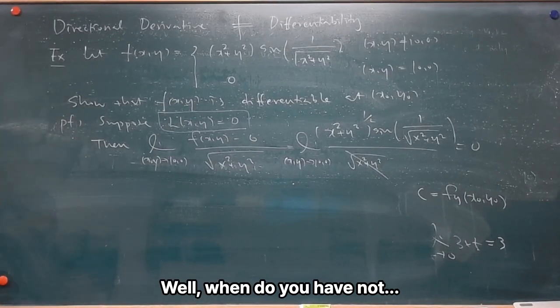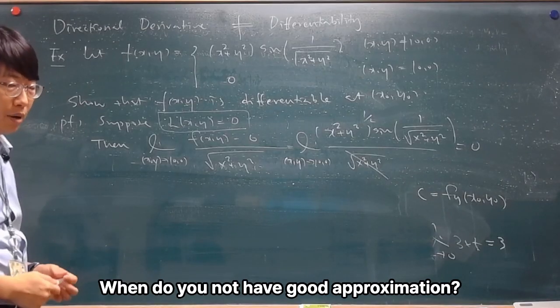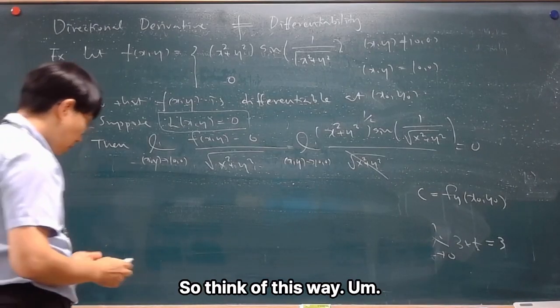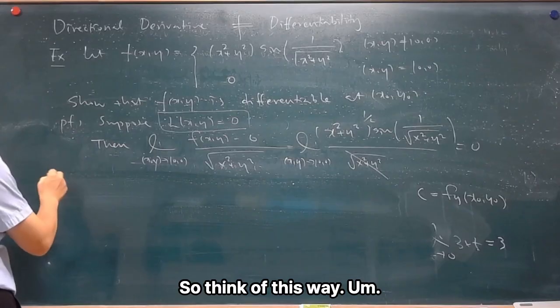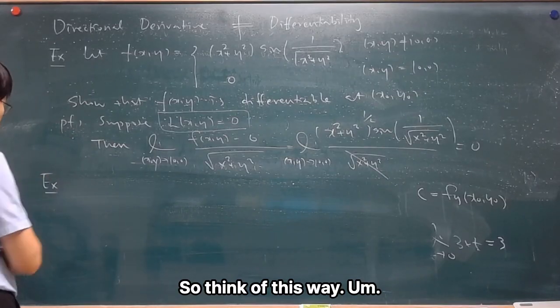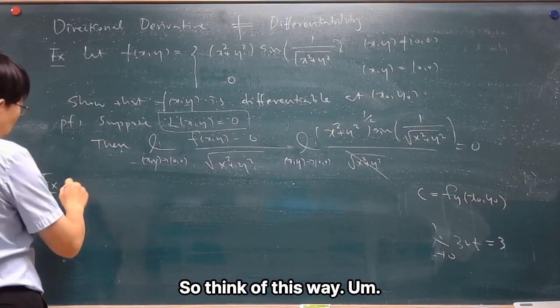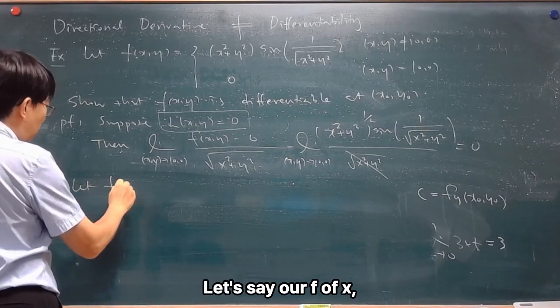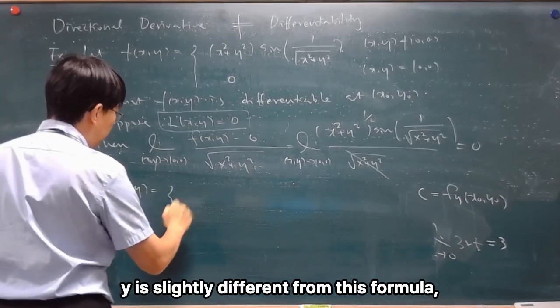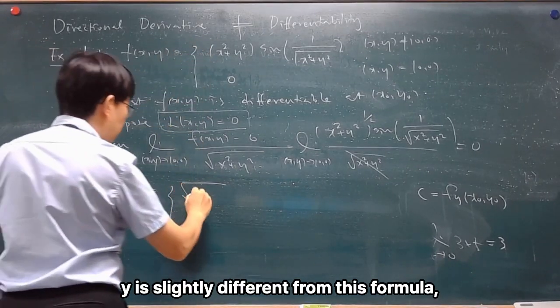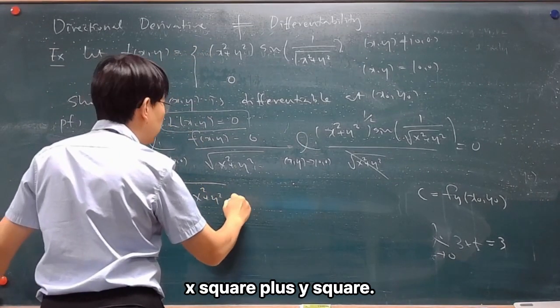Well, when do you not have a good approximation? So think of it this way. Let's say our f of xy is slightly different from this formula, x squared plus y squared.